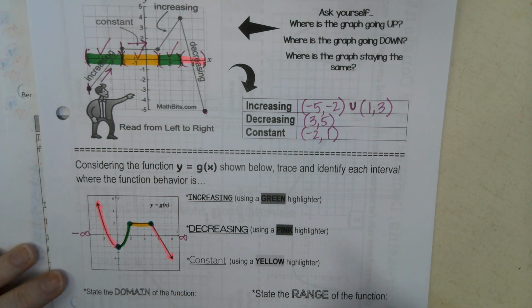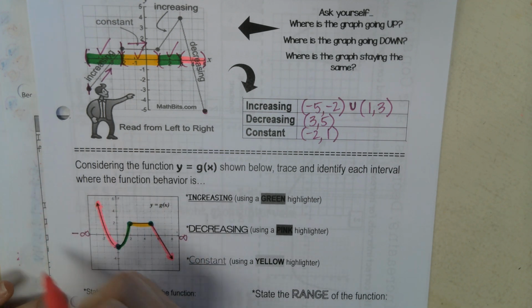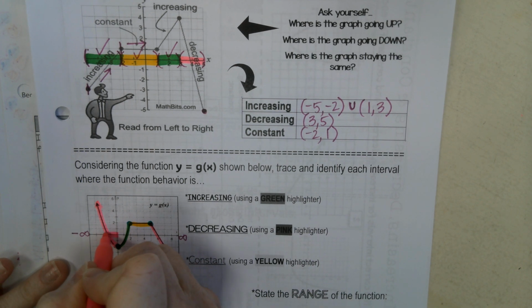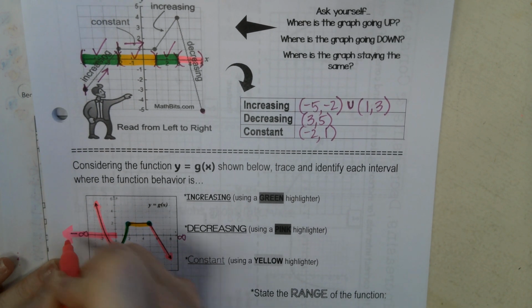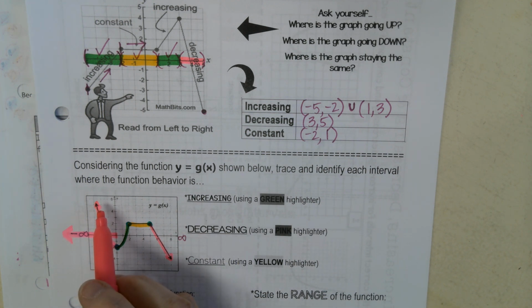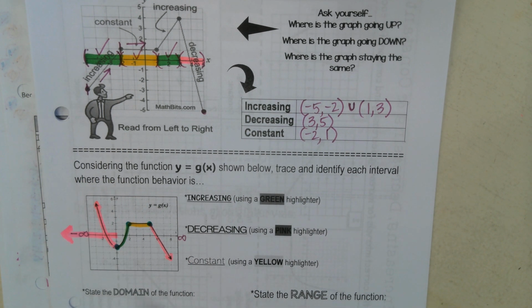So watch what I do here. I understand I've color-coded this already along the graph, but what I want to do is color code my x-axis according to what the graph is doing. Because I have an arrow going backwards, that means that graph is still going to be following that same pattern.